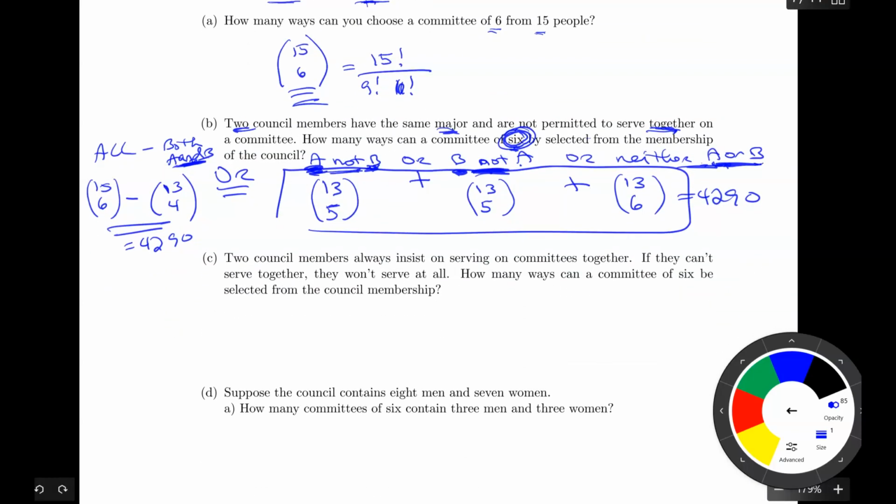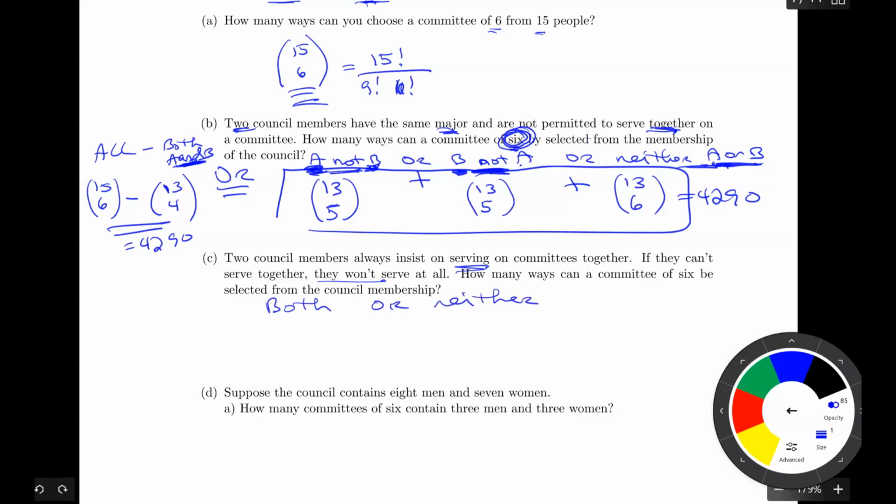And let's just finish off one more of these, right? Okay, so 2 council members insist on serving together, or they won't serve at all. So you can have both or neither.